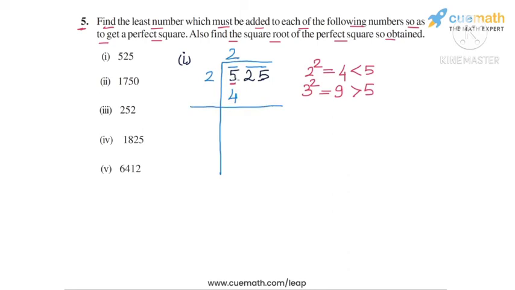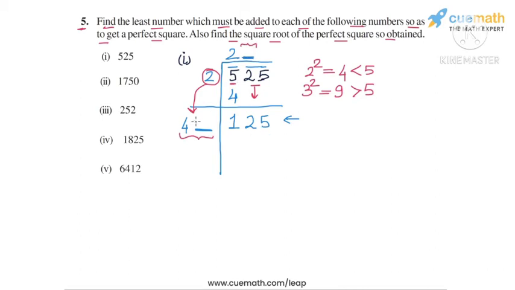Now if we subtract, we get 5 minus 4 as 1, and if we bring down these two digits, 2 and 5, we get 125 as the dividend of the next step. For the divisor of the next step, we take this divisor 2 and double it, and that gives us 4. Now we have to find the largest possible digit that will go here and also go here as the second digit in the quotient, such that the product of this number and this digit will be less than or equal to 125.